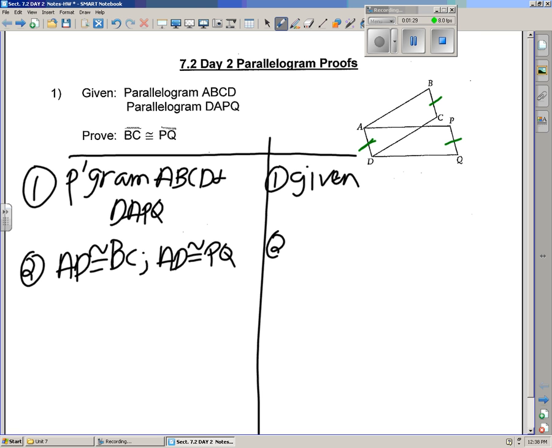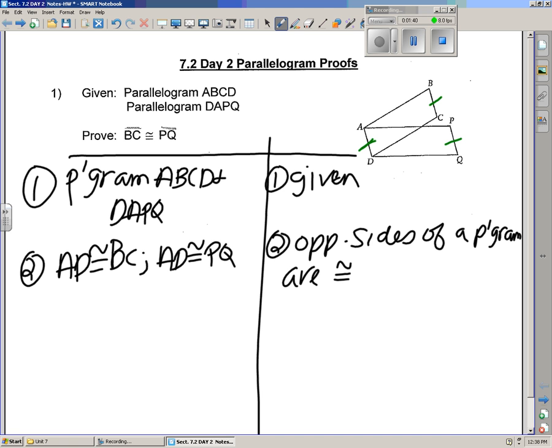And that's because opposite sides of a p-gram are congruent. Well, then either transitive or substitution, I will take either. But then if you know that BC and AD are the same, and AD and PQ are the same, then you can say that BC and PQ are the same.